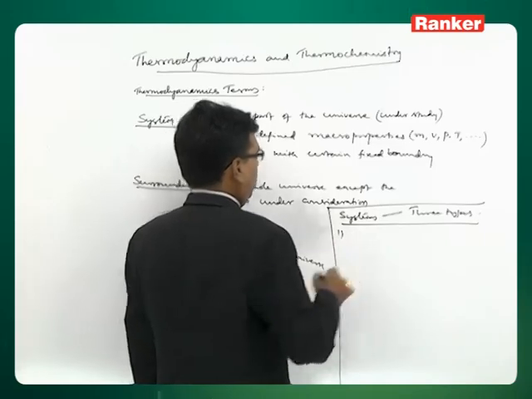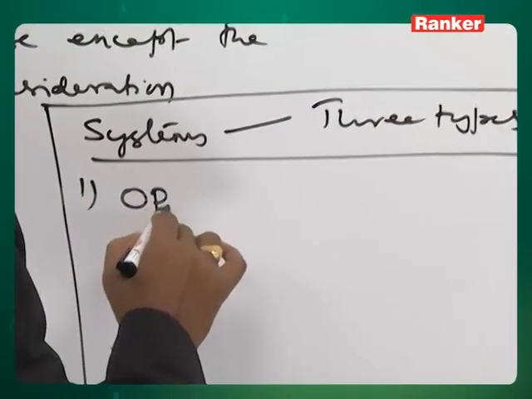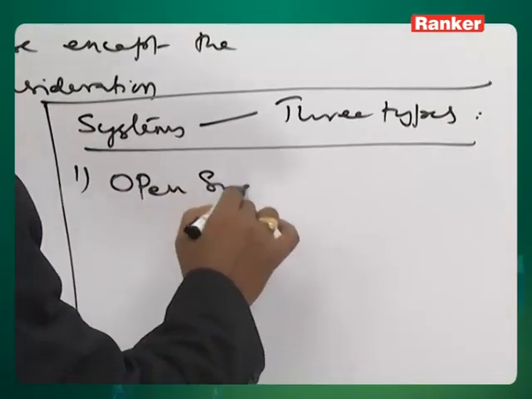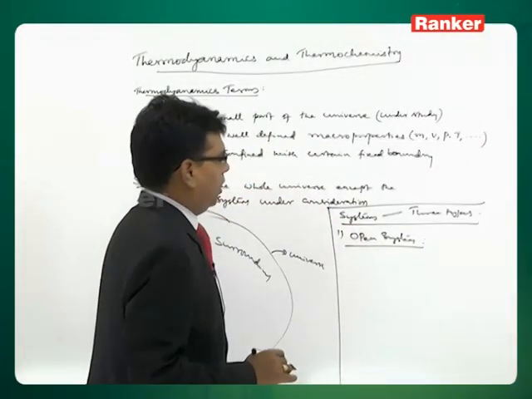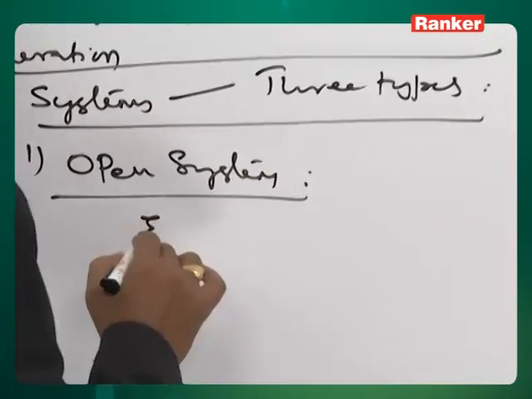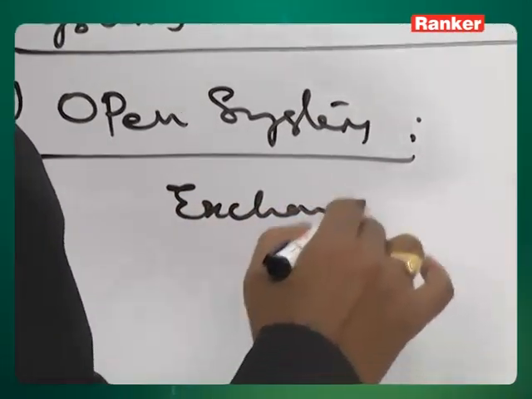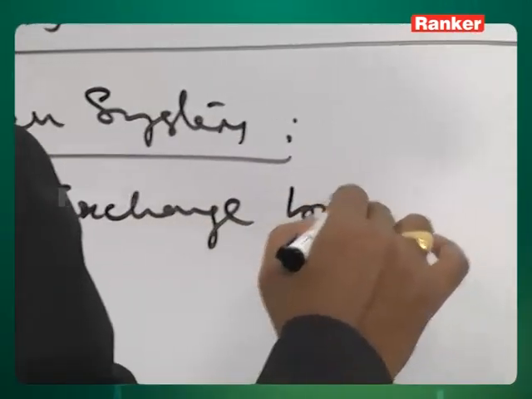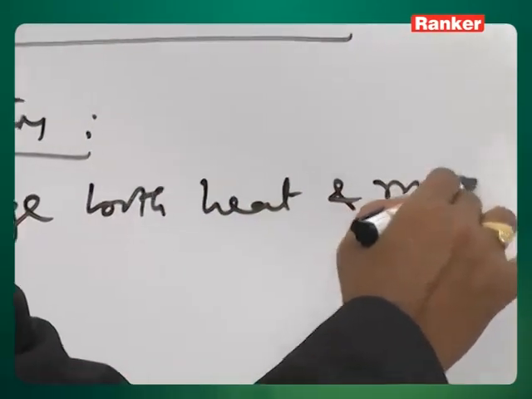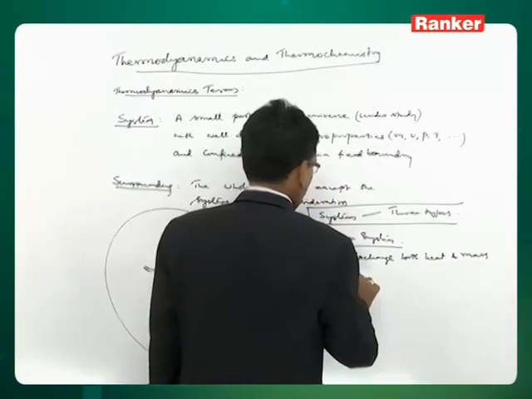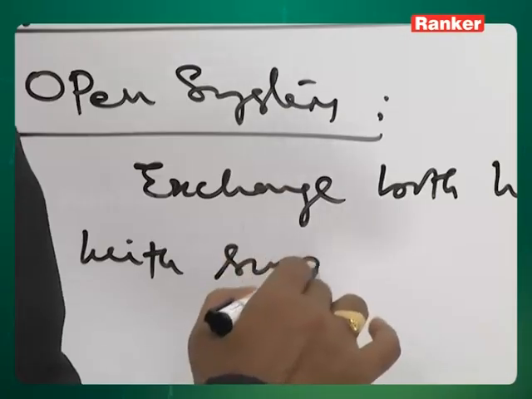One is the open system. An open system is the one which exchanges both heat and mass with the surroundings.